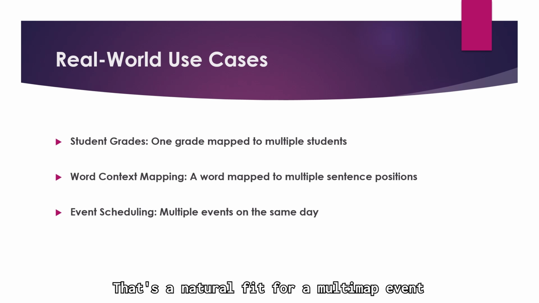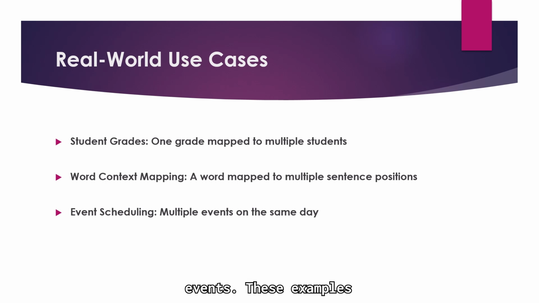That's a natural fit for a multimap. Event scheduling. If you are building a calendar or scheduler, you might have multiple events occurring on the same day. You need to associate that single key, the date, with multiple values, the events. These examples show the versatility of multimap when it comes to modeling real-world one-to-many relationships.